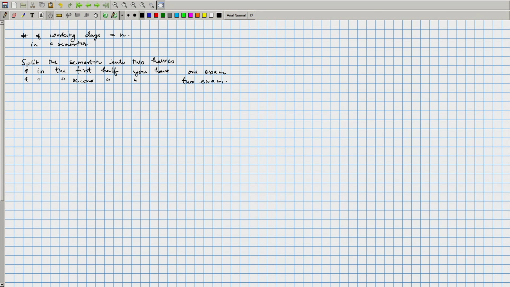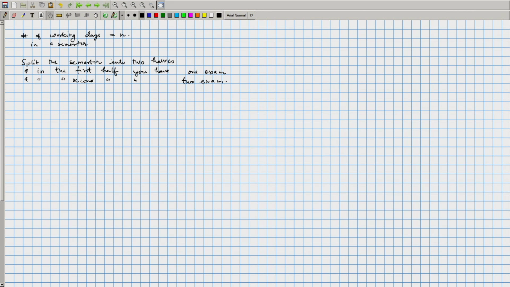So the semester consists of n days, and out of these n days you have to select 3 days for conducting examinations, and out of these 3 exams, one exam should be in the first half. So there is a designated first half and a designated second half. The first half will have precisely one exam and the second half will have precisely 2 exams.